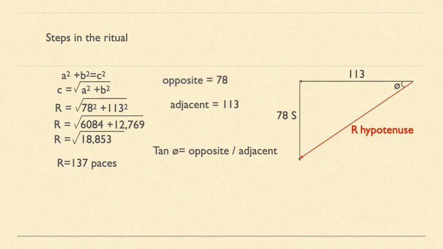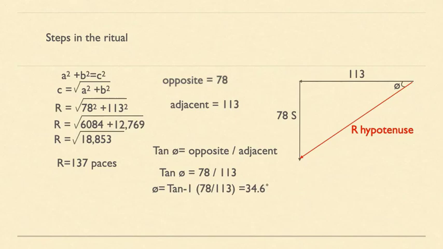So the tangent of theta is equal to the opposite side divided by the adjacent side. Substituting our values in, that means the tangent of that angle is equal to 78 divided by 113. And if we put that in the calculator as 78 divided by 113 and then find the inverse tangent of it, that angle is a 34.6 degree angle.